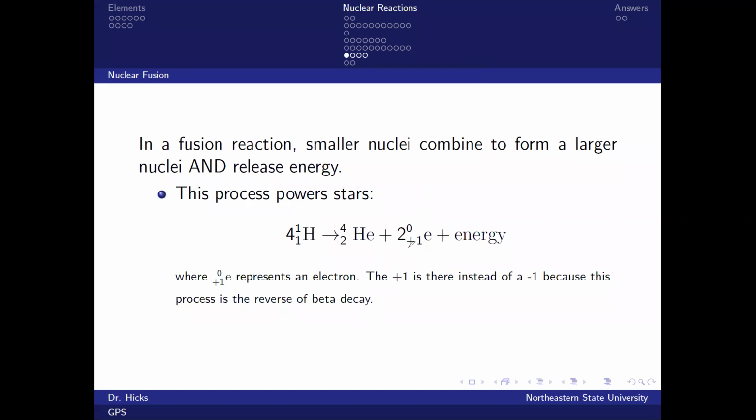It's not the creation of a beta particle from the decay of a neutron. And I know that because what's up here, if the atomic mass is 1 and the atomic number is 1, 1 minus 1 is 0. There's no neutrons to start with.